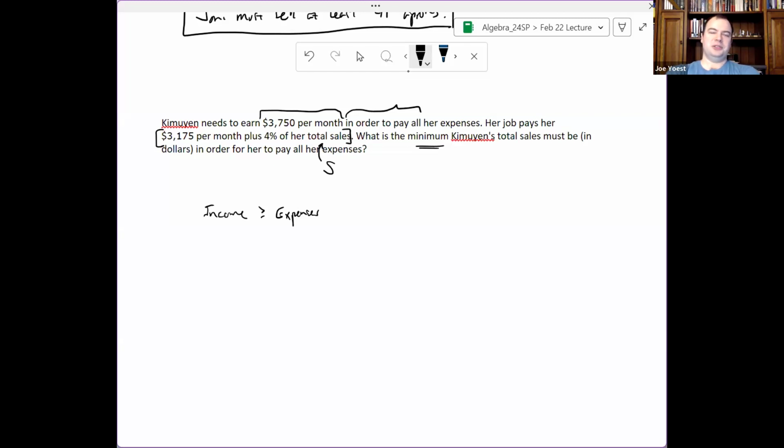So again, we don't see words like less than or more than here. We have to use the context a little more thoroughly. She needs to pay all of her expenses. She gets a certain income. That income has to be greater than or equal to her expenses.